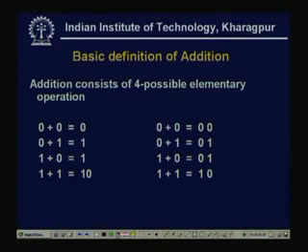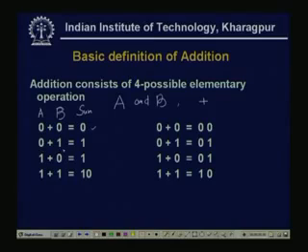If there are 2 operands A and B, and I give the addition notation as plus, then if it is 0 plus 0, the sum, the output, is 0.